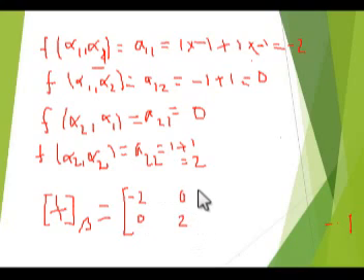What is important is that the non-diagonal elements are the same. So it is a symmetric matrix. So the mapping is also symmetric, and the bilinear form is also symmetric.